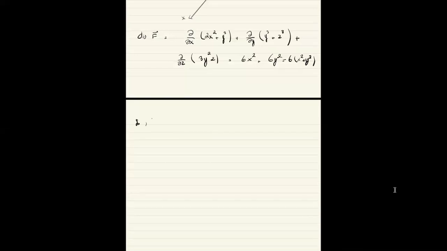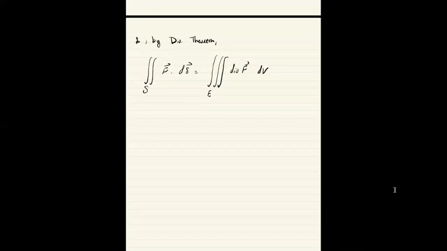So by the divergence theorem, if you want to compute this surface integral over the surface S, it is equal to the triple integral of the divergence of F over the region E, okay?